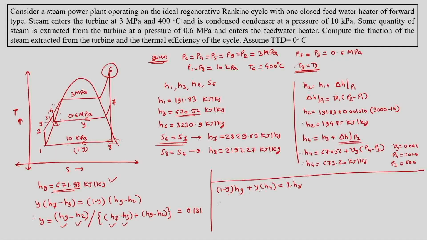So, we know now y, we know H9, H4. So, using this we can find out our H5. So, 1 minus 0.181 into H9, and H9 is 671.98, plus 0.181 into H4, and H4 is 673.20. This gives us H5, which happens to be 672.2 kilojoule per kg.